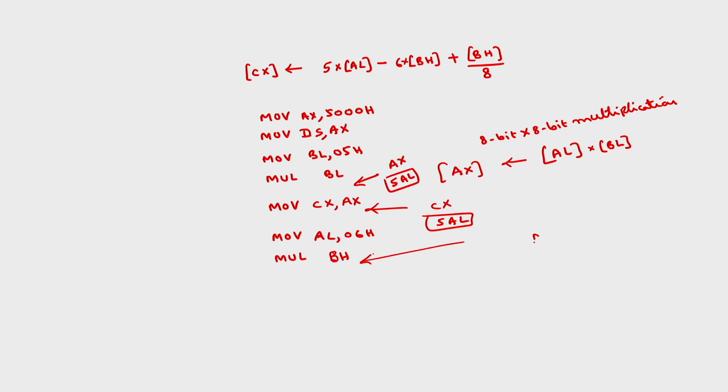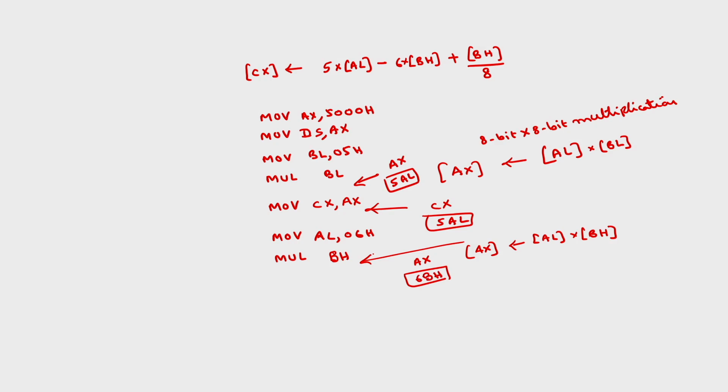This will be contents of AL into contents of BH. So, whatever data is available in BH will be taken, and the content of AL is 6. So, this will store the result in AX. After this operation the contents of AX are 6 into BH.